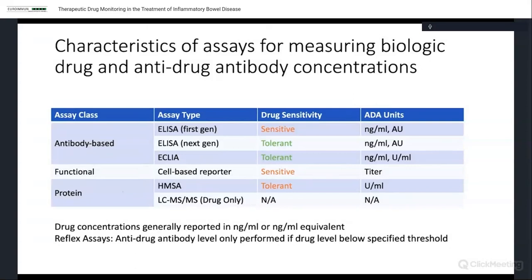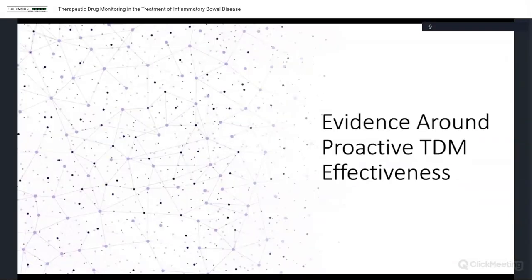And this is a reasonable approach because it assumes that antibody information is not important if there's a sufficient drug level. So now let's move into the meat of the evidence around proactive TDM and its effectiveness. And I'm going to start by sharing some observational studies and then move into some examples of randomized controlled trials performed for TDM.